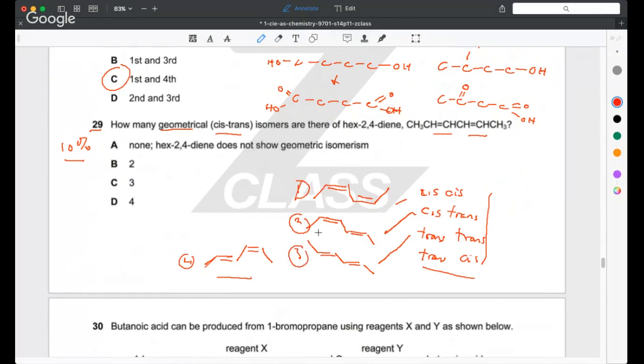If you can just imagine, you could swap that one around or turn it around a bit, and it would actually fit exactly against that. So although it looks like there should be 4 possible permutations, actually cis-trans and trans-cis are exactly the same molecule. So that's a tough question, and most people got it wrong, but the answer there is C.